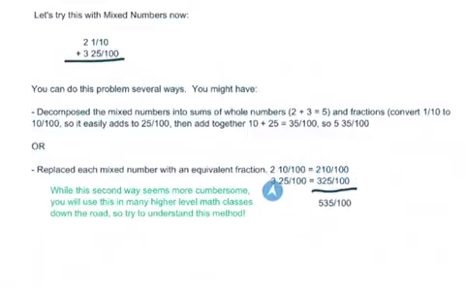This 3 and 25 hundredths, each of those whole numbers is worth 100, so that's 3 times 100, right? 100 plus 100 plus 100 is 300, plus this 25, 325 hundredths. When I add these together, I get 535 hundredths, which if I put it back in mixed number form is 5 and 35 hundredths.